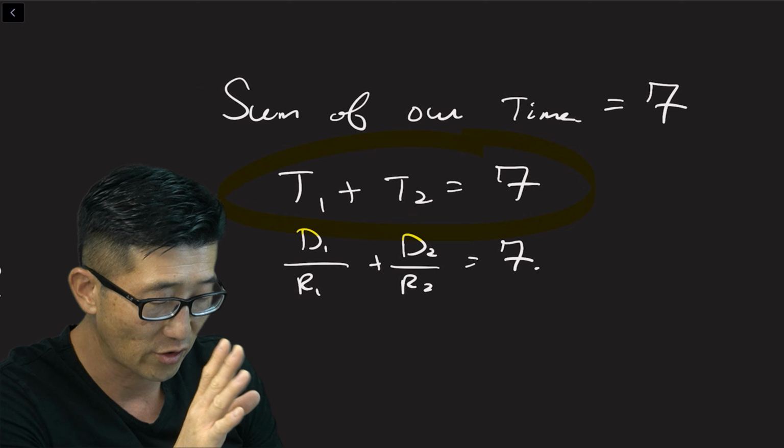T is equal to D over R. So now you can take this hint and say, oh, this is D bus over the rate of the bus equals D, the distance of the train, divided by the rate of the train, plus 2. And then you just look at the prompt and look for the information, the distance that the train and the bus traveled, and put the rate at which the bus traveled, and then you solve for the missing information and you're done.